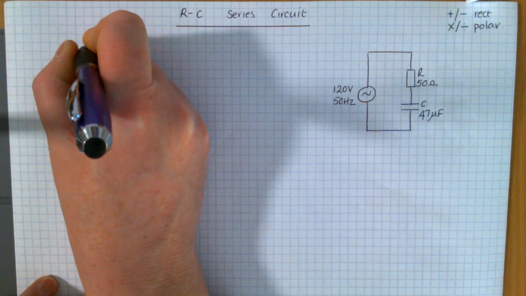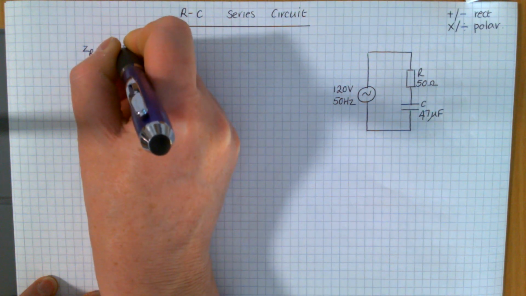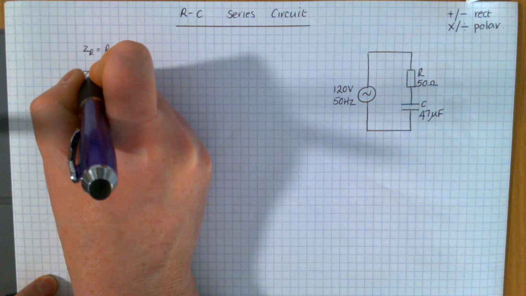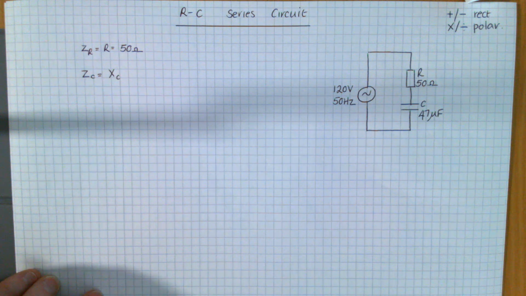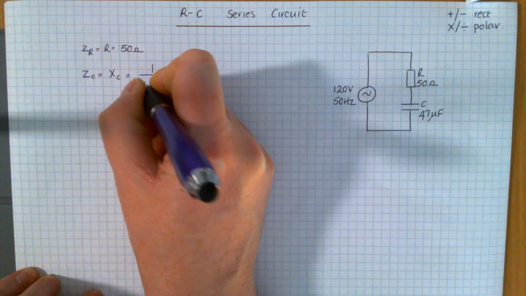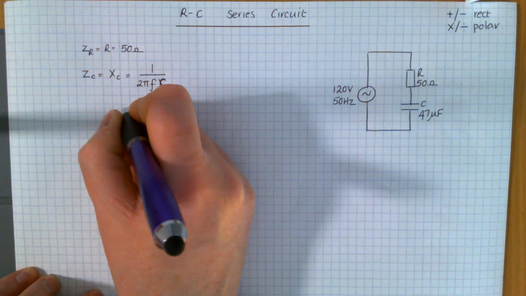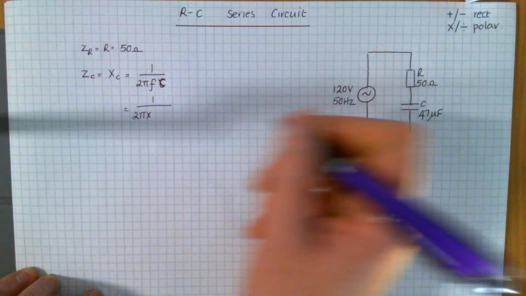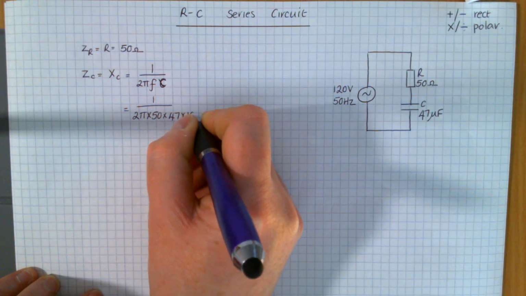So the same as the last time, when you're looking at that resistor, the impedance of the resistor is the resistance, so it's just that 50 ohms. The impedance of the capacitor is XC. XC, from what we did last week, is 1 over 2 pi FC. So it's 1 over 2 pi times the frequency of the supply, the 50, times the 47 times 10 to the minus 6.